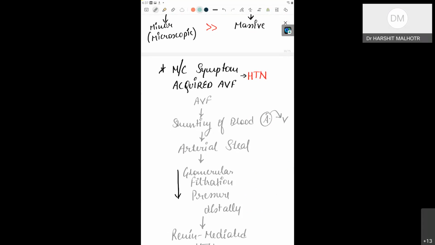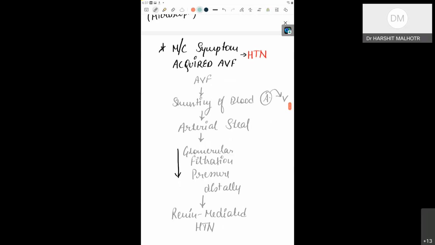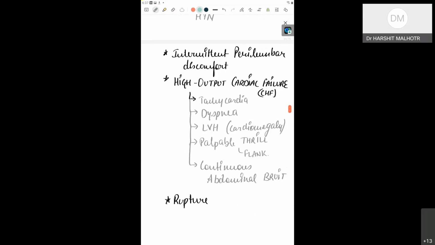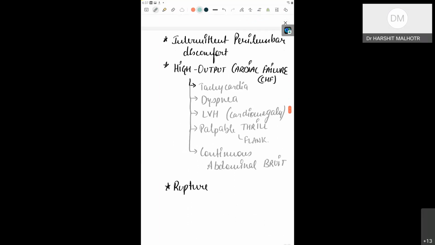Because of the decrease in glomerular filtration pressure distally, the renin mechanism gets activated and renin-mediated hypertension is seen. There can rarely be intermittent perilumbar pain or renal colic.